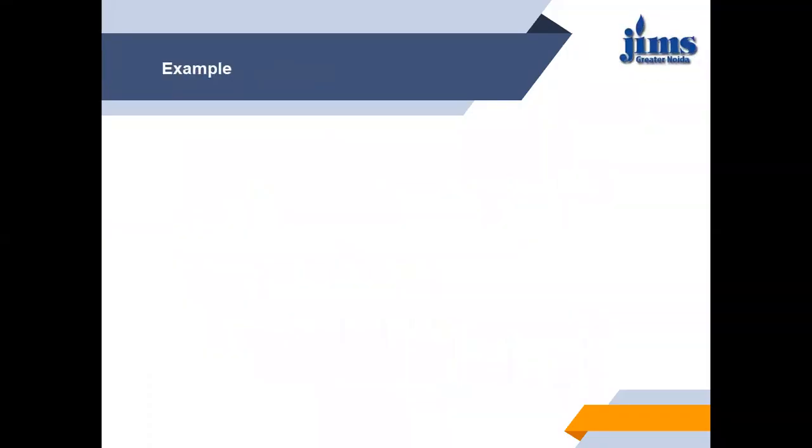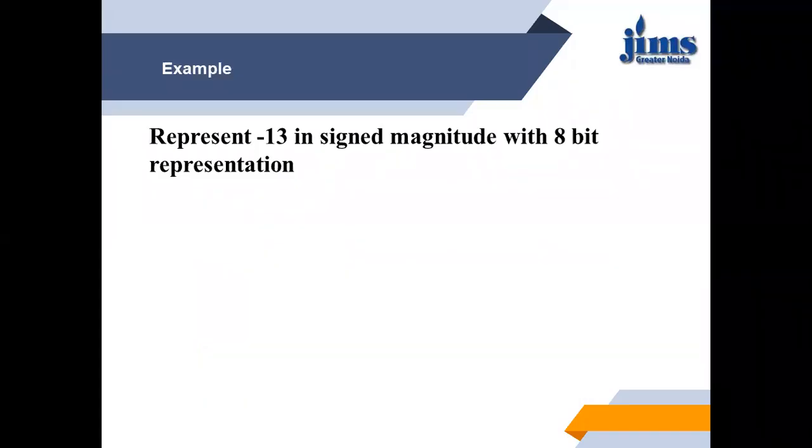Now I suppose one by one you all start doing this example. Represent -13 in signed magnitude with 8-bit representation. So what you have to do first is convert 13 into binary.